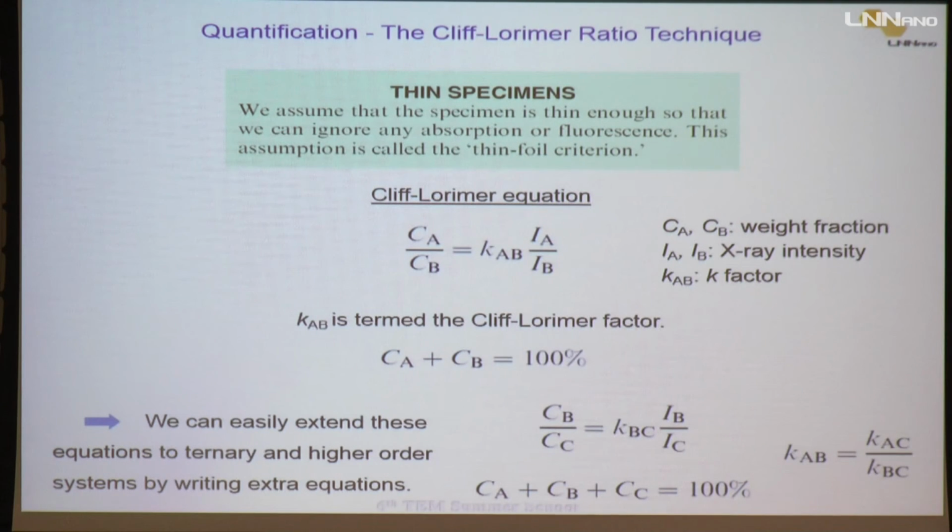For the thin specimen, you have what is called the Cliff-Lorimer ratio technique, okay? With this technique, it's very simple. The weight fraction of your element is equal to the K factor multiplied by a proportion between the intensities of X-rays measured for each element, okay?